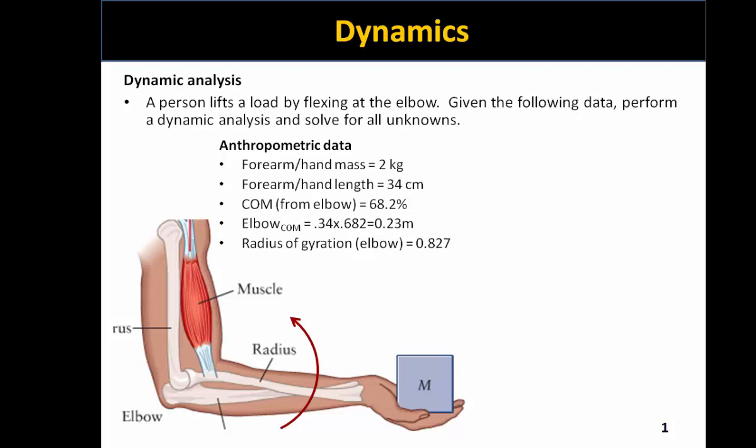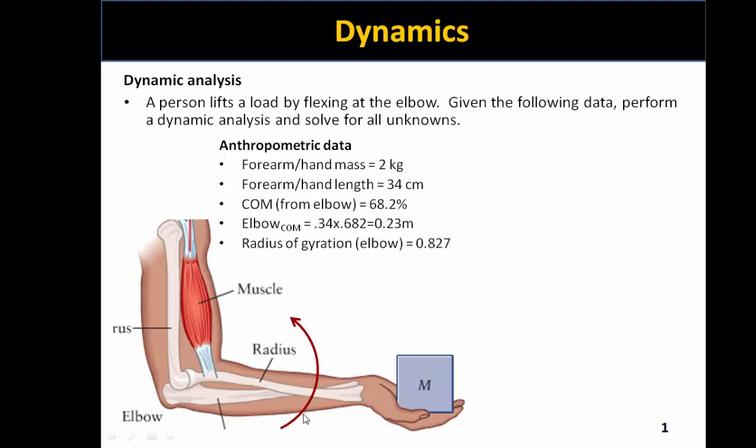If I wish to do that, then I need the radius of gyration value of 0.827 from Dempster's table.